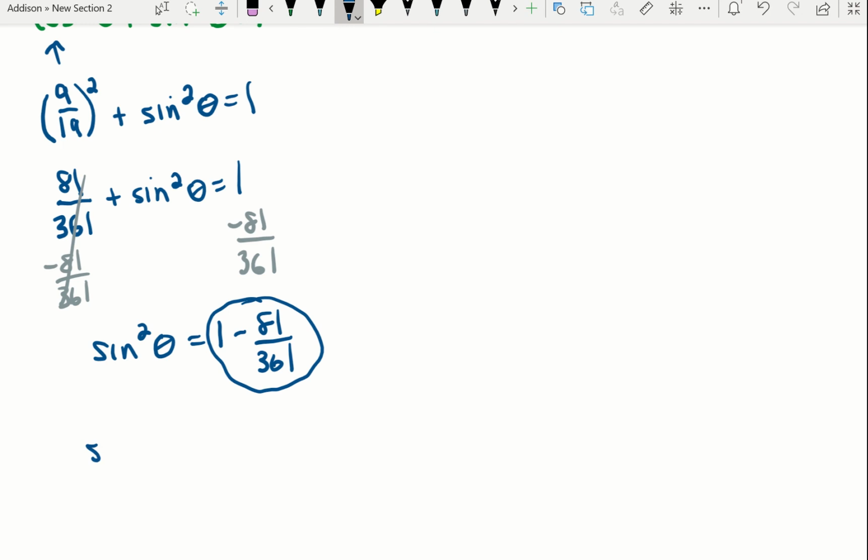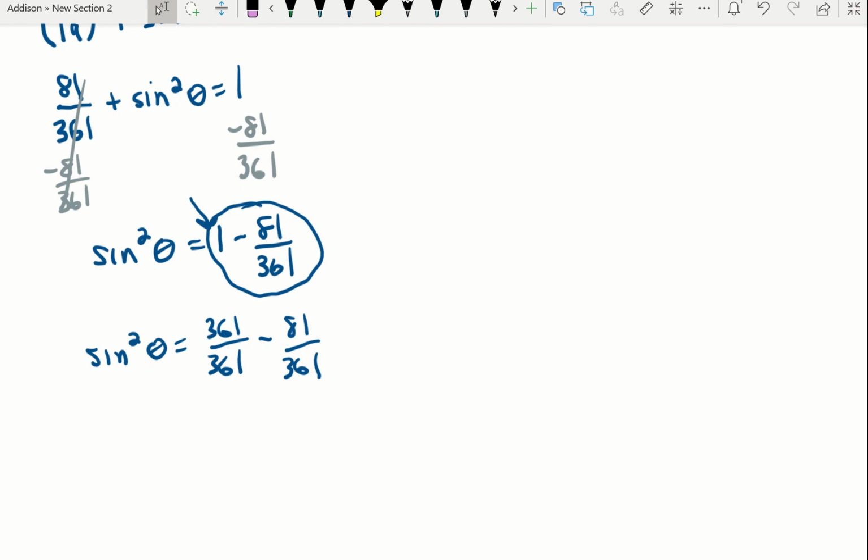We're going to do sine squared of theta again, equals. Now, we want to subtract 81 over 361 from 1, and to do that, we need a common denominator. So if we rewrite 1 as 361 over 361, that's the same thing as 1. Then we continue and do minus 81 over 361.